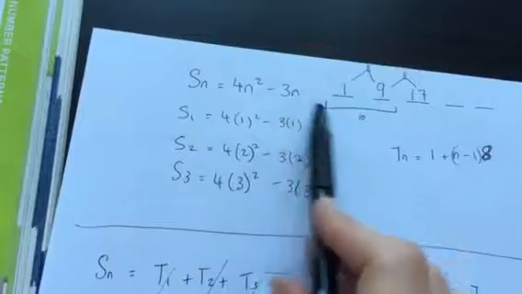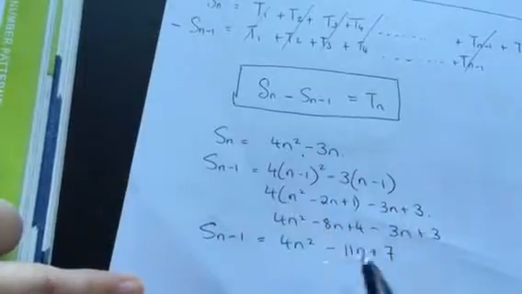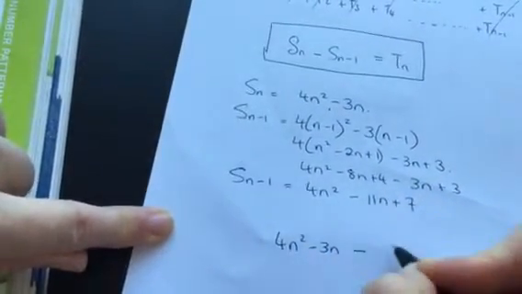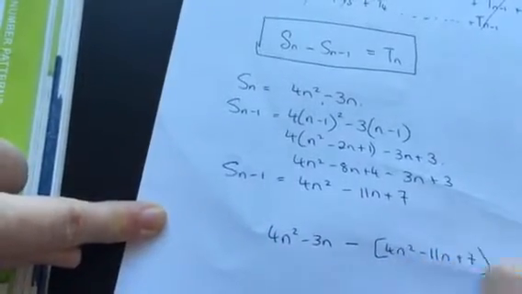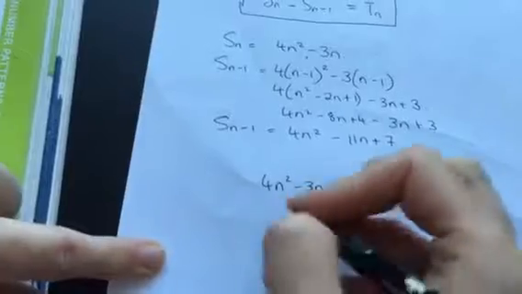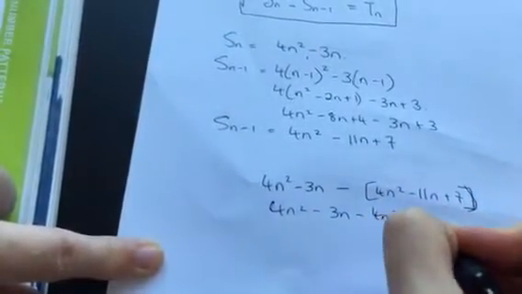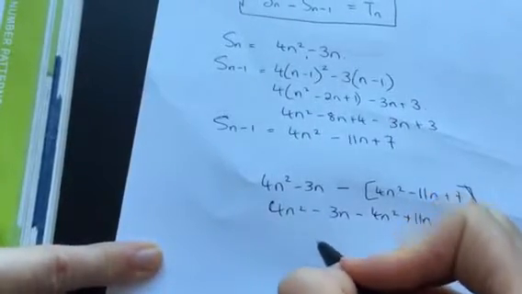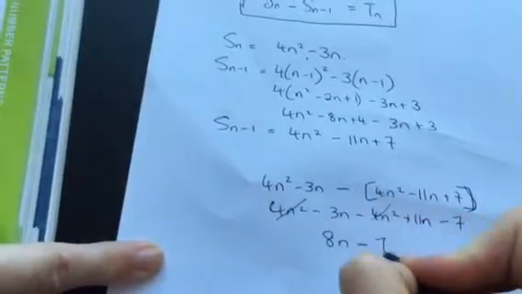So let's say I do it this way, this is another option. I'm going to get Sn, and I'm going to subtract S(n minus 1). And when I do that, I'm going to end up with 8n minus 7.